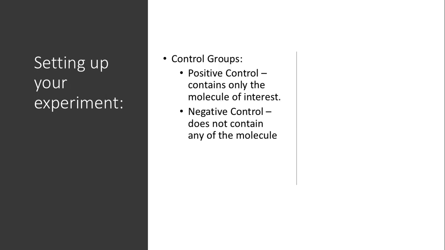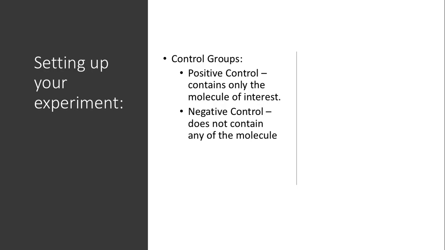So keep in mind that we'll have control and experimental groups. We've never talked about positive control groups and negative control groups necessarily. A positive means that it contains the molecule of interest, or only the molecule of interest in our instance. And a negative means it does not contain any of the molecules.